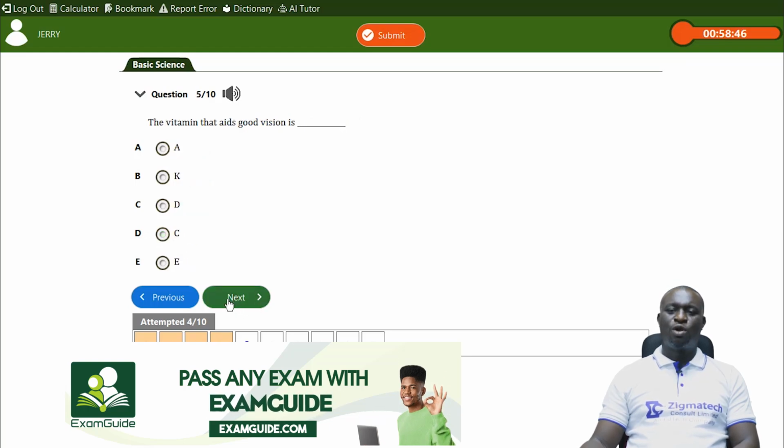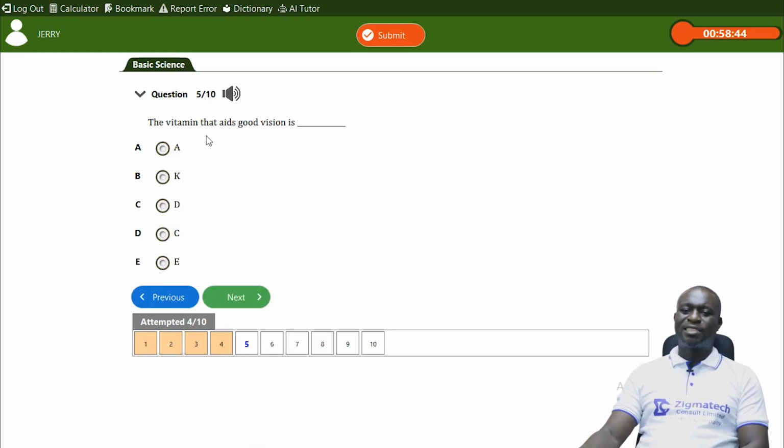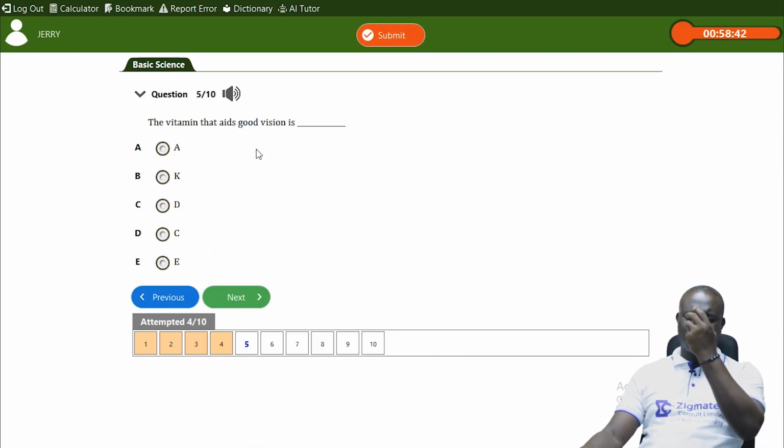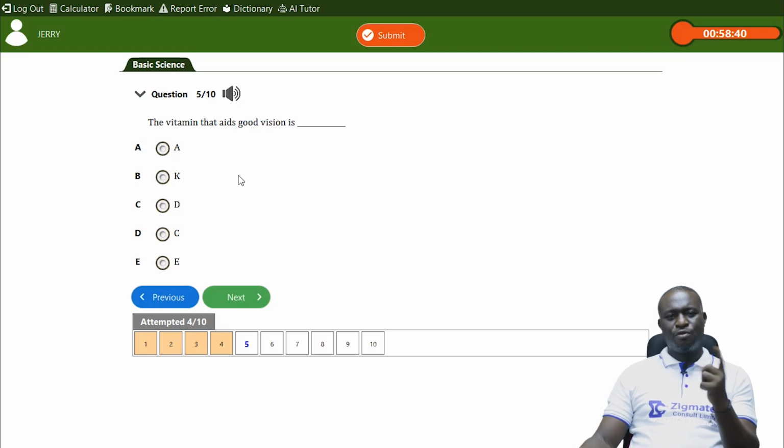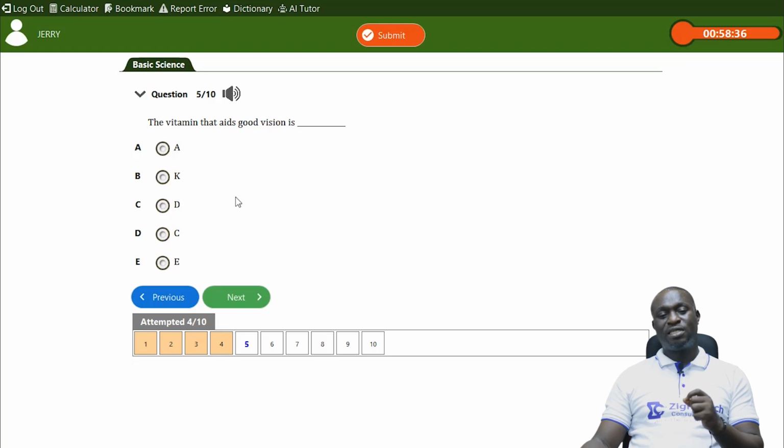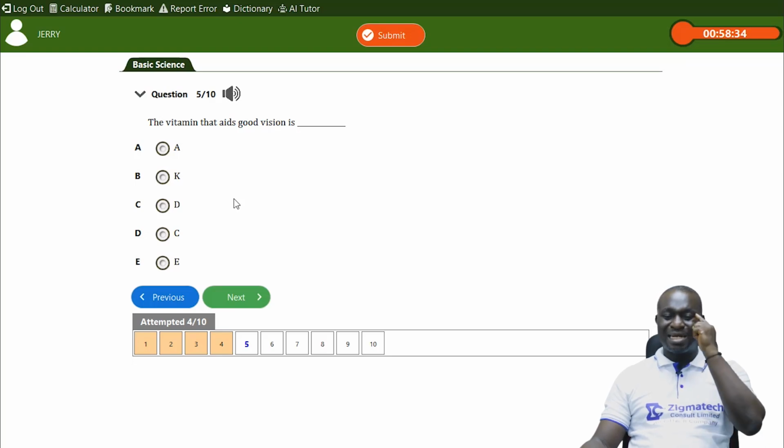I'll take the last one, which is question 5. The vitamin that aids good vision. Remember, I talked about deficiency of vitamin A, and I said that one of the deficiency of vitamin A is night blindness. So what actually aids good vision is vitamin A.